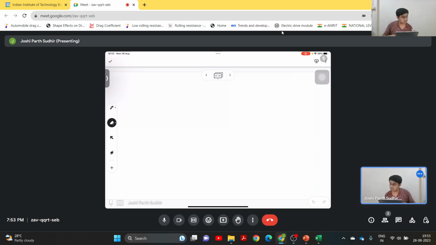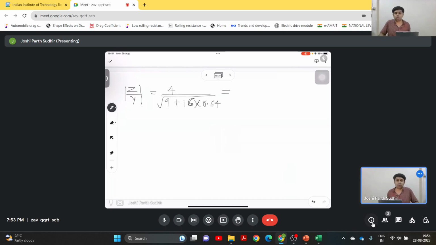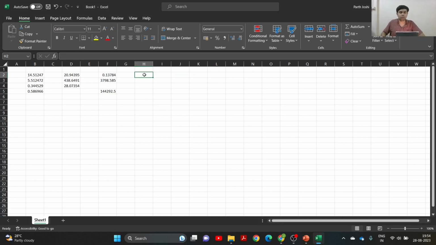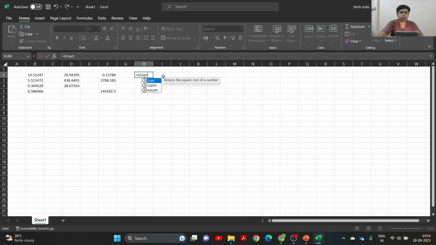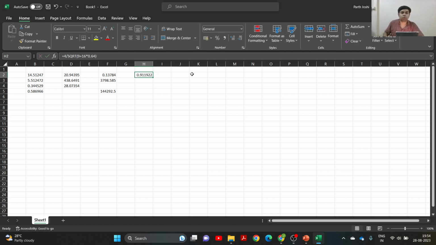So the ratio of amplitude Z by Y works out to be 4 upon square root of 9 plus 16 into 0.64, which nearly works out to be 0.91.